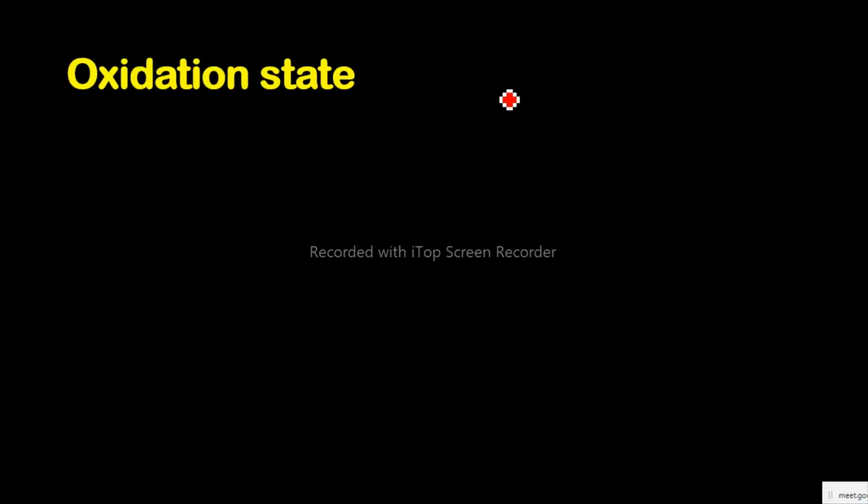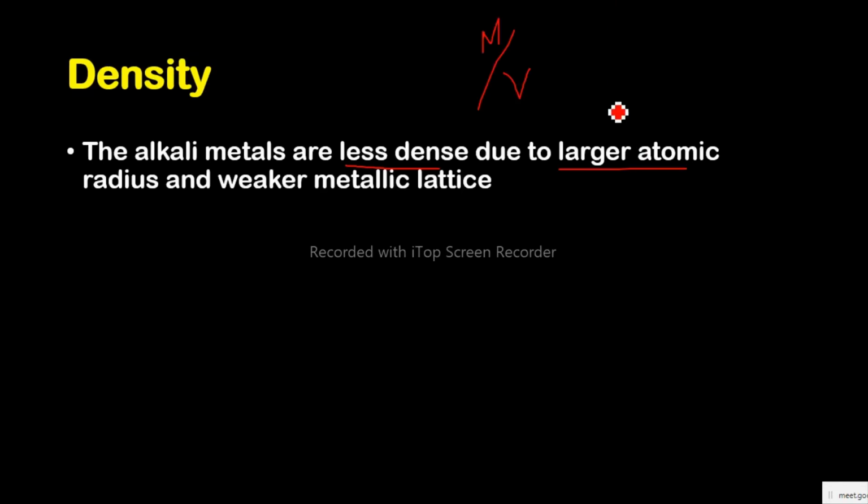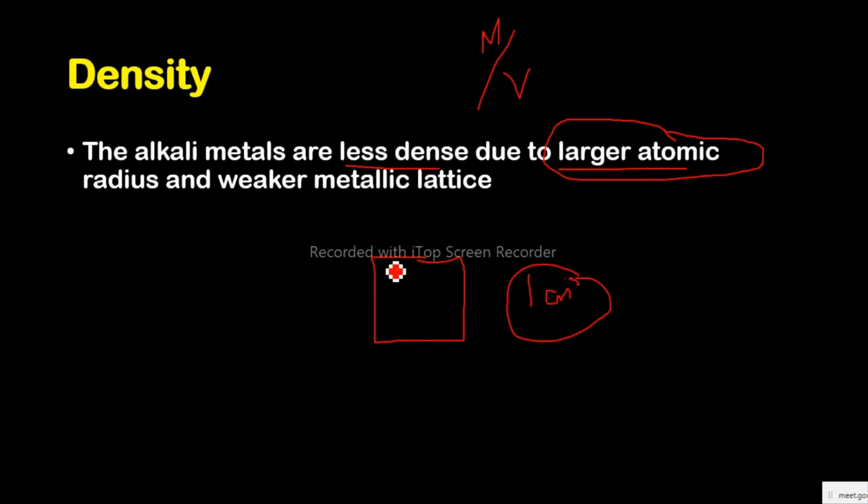Basing on group 1 elements having a large size compared to group 2 elements, for a given volume of 1 centimeter cubed, if we compare the particles that can occupy this space, for group 1 being large, the particles won't be as many as for group 2.